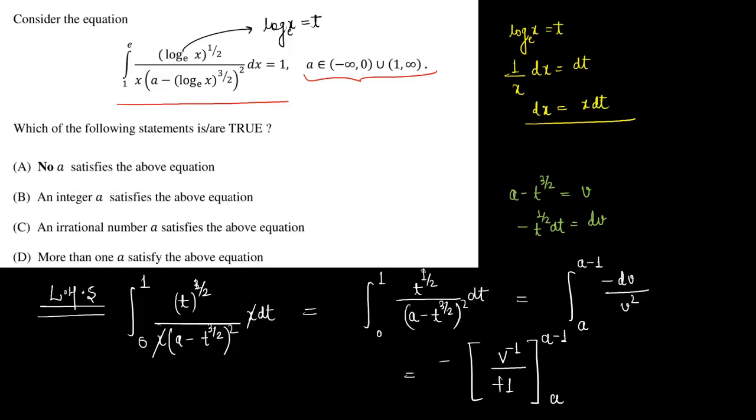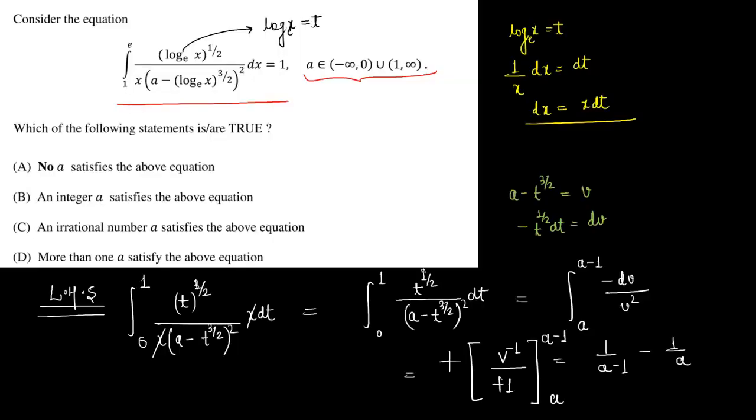If I take the minus outside, then after putting the limits here, we will have 1 upon a minus 1 minus 1 upon a, which will be equal to (a minus a plus 1) upon (a minus 1) into a.